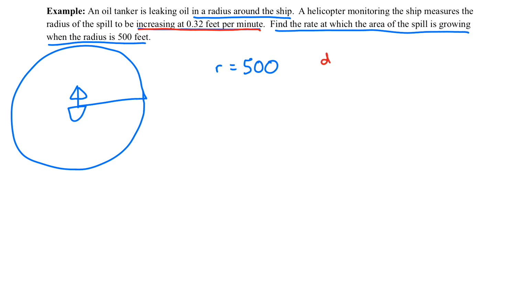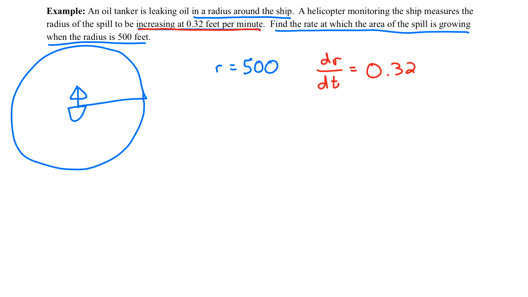So this is the derivative of r with respect to time, dr over dt, and this is equal to 0.32 feet per minute. And we know it's positive because we're told that the radius is increasing by that amount.